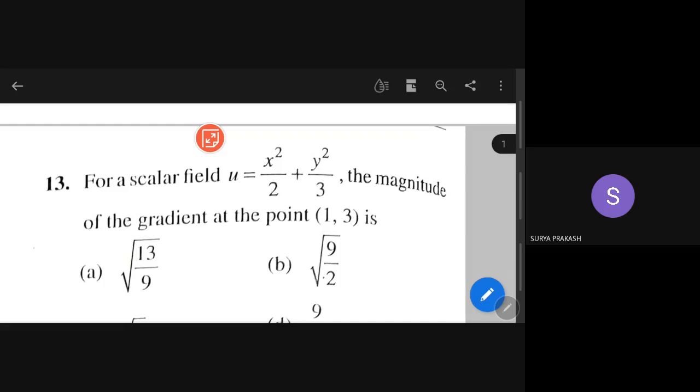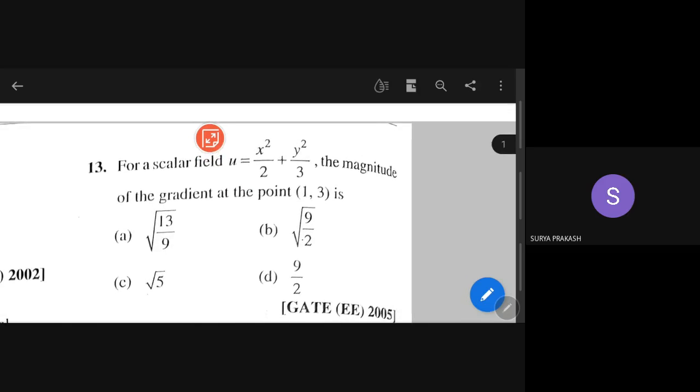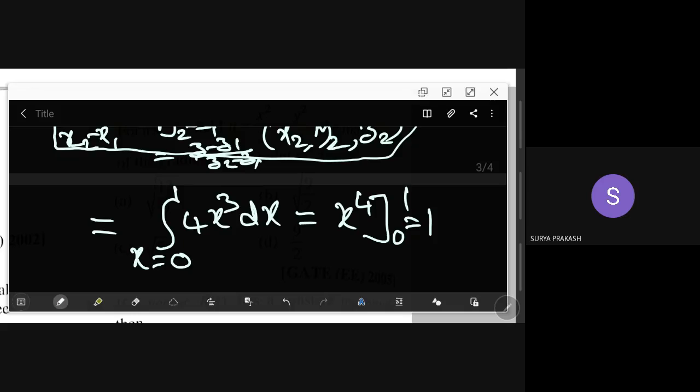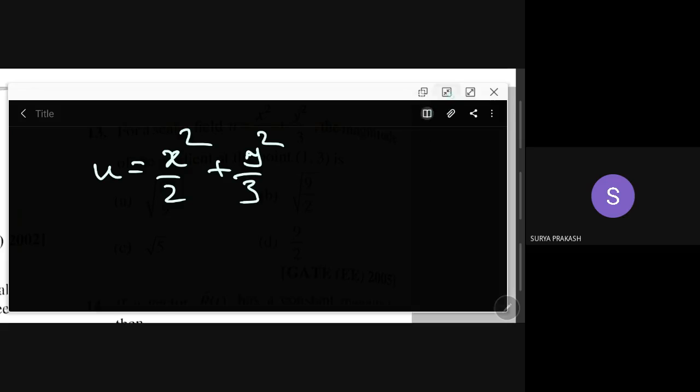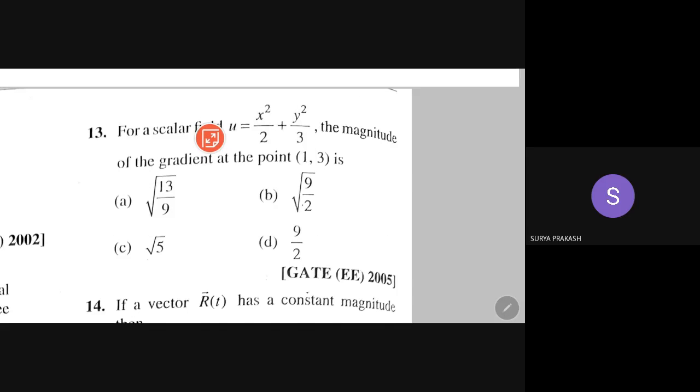U is equal to x square by 2 plus y square by 3. The magnitude of the gradient at the point 1 comma 3 is asked.